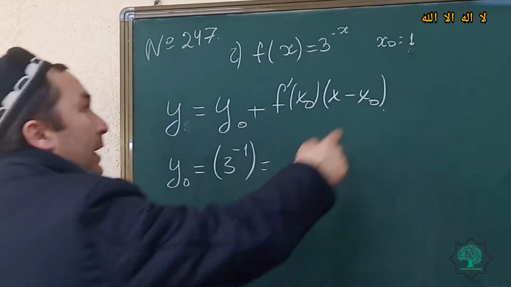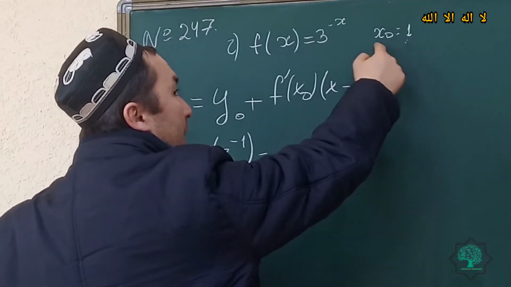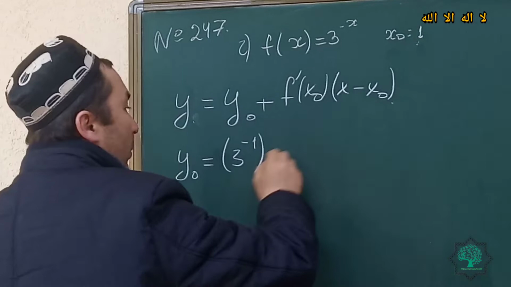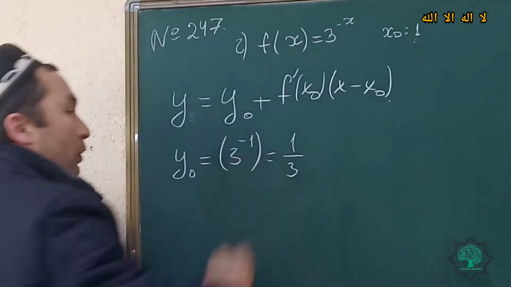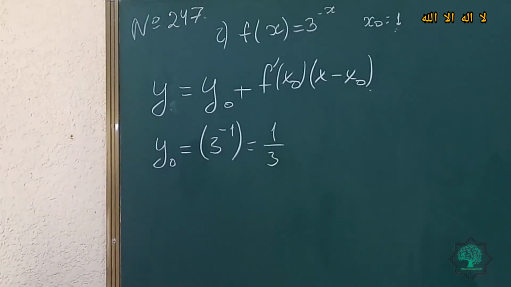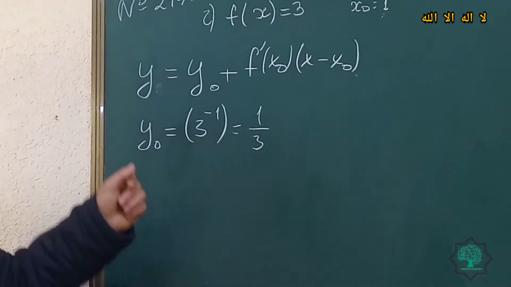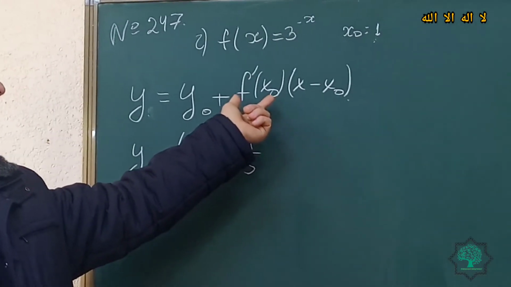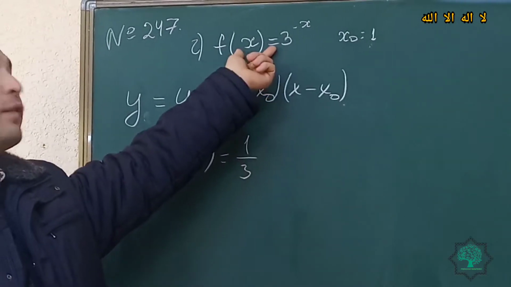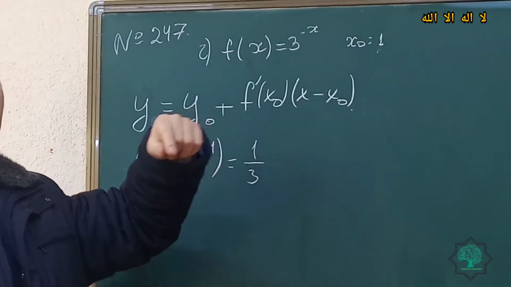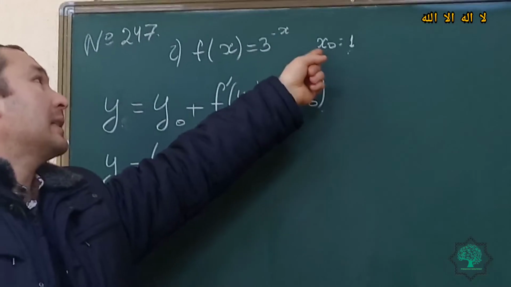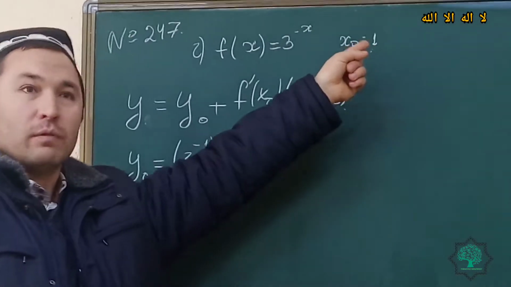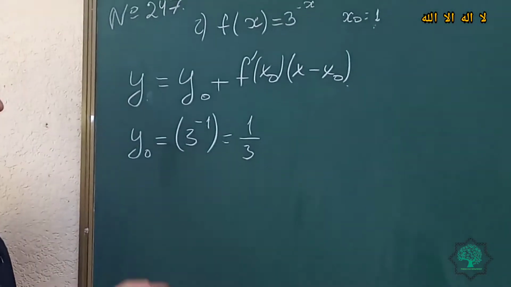So here, given x0 is 1, y0 is equal to 1/3. Then after it, we should find the derivative of this function, and we must put 1 instead of x0. Here, let's begin.